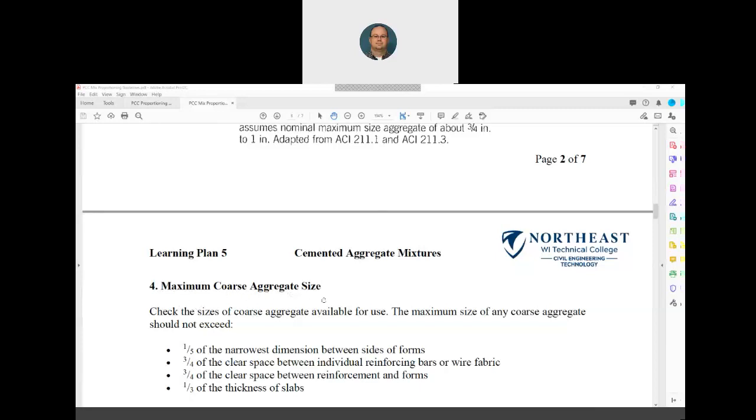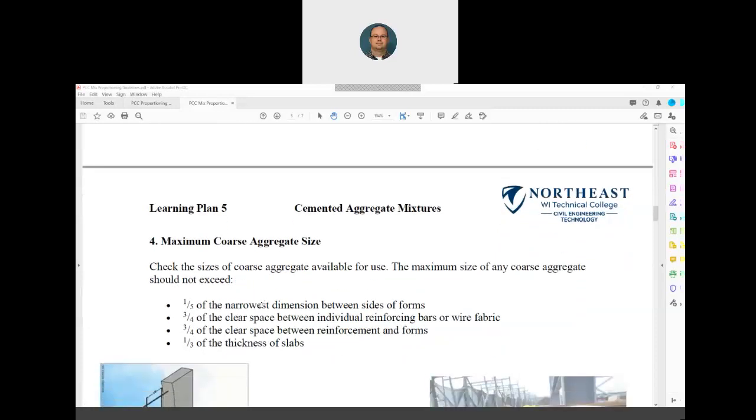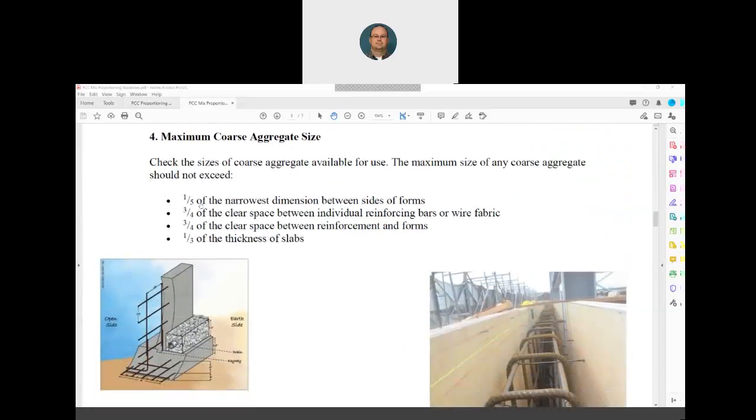Maximum coarse aggregate size. Check the size of coarse aggregate available for use. The maximum size of any coarse aggregate should not exceed 1/5 of the narrowest dimension between the sides of the forms.